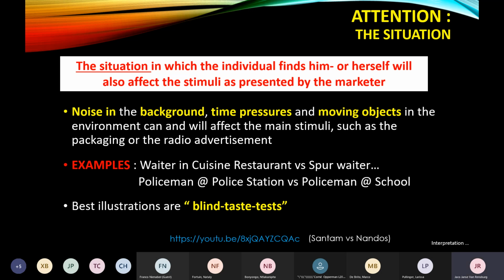Very often, the blind test, as they call it, is a very good method to use, and I can recommend that you watch that video at the bottom. I think I've mentioned it in class because it was a rival series of commercials between Santam and Nando's.